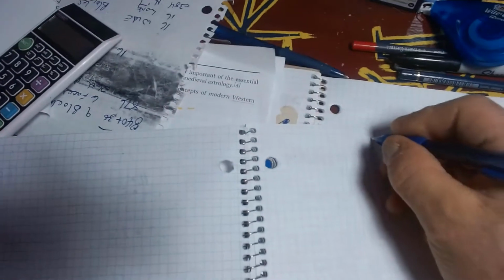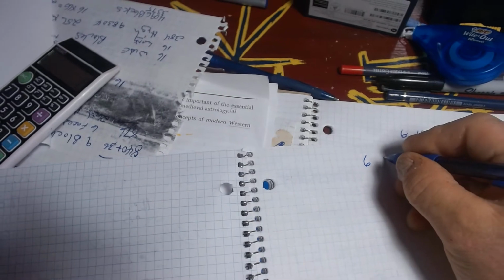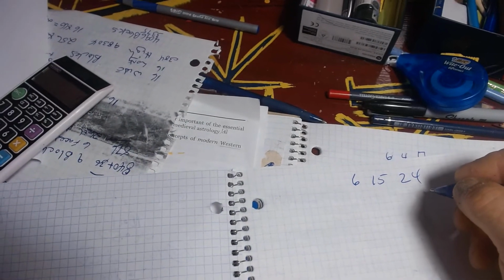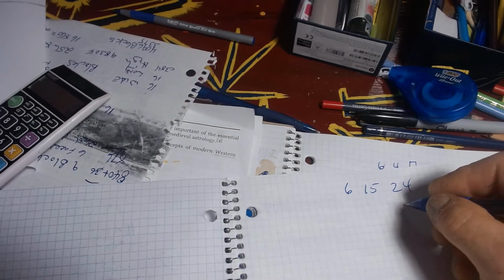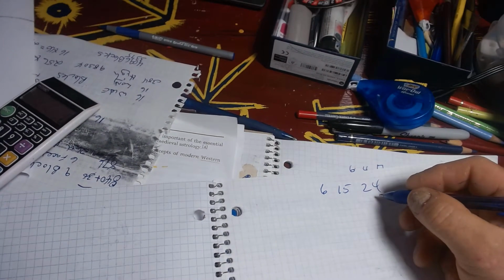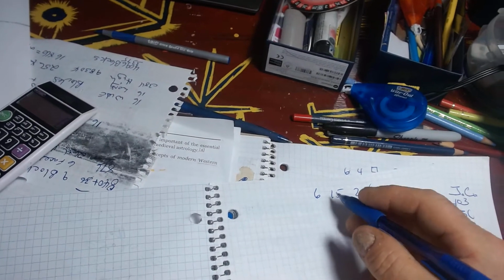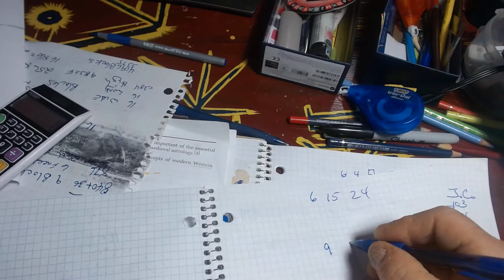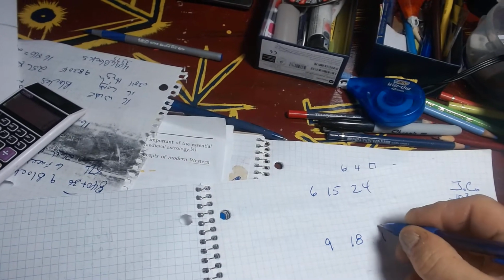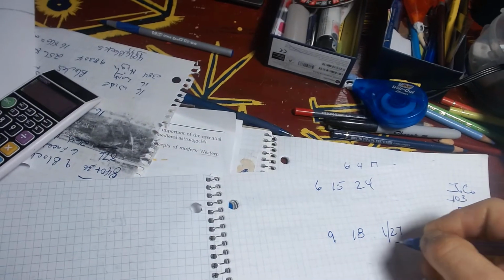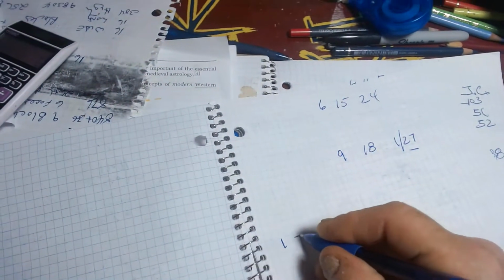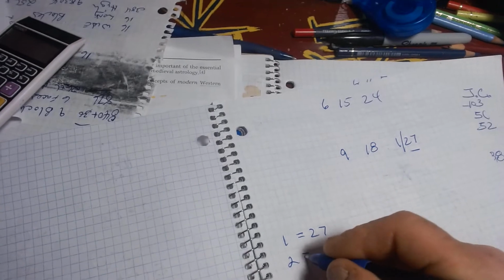In the equation where 6 and 15 and 24 come together, that in between 24, let me see, 6, and the opposite of that, we're going to connect 9 and 18 and what is 1/27, because the starting over 27, 1 equals 27, 2 equals to 28.